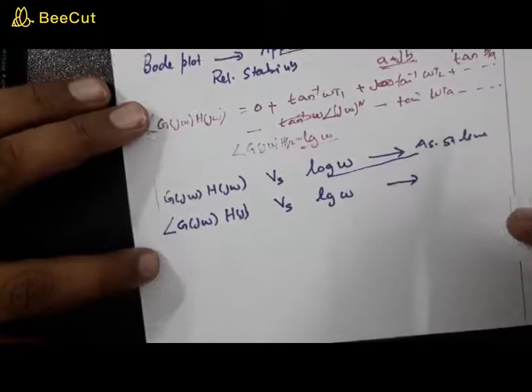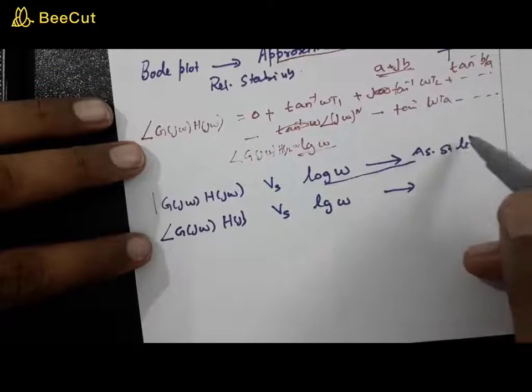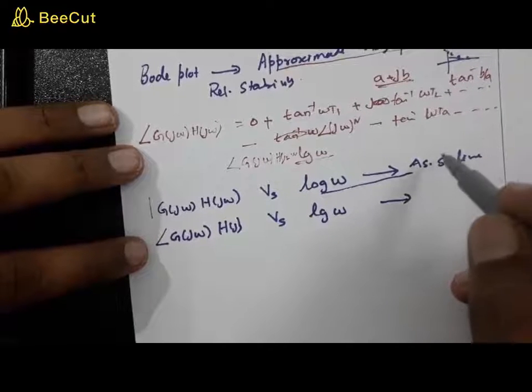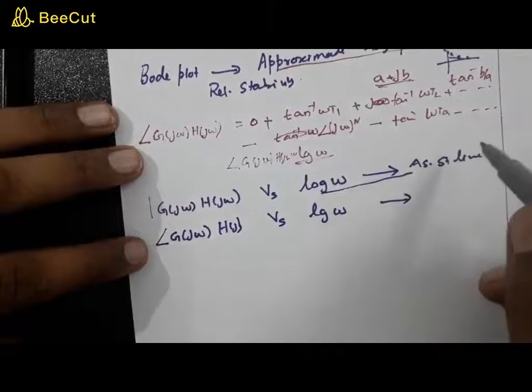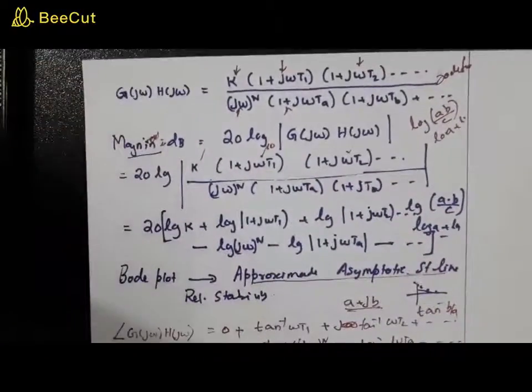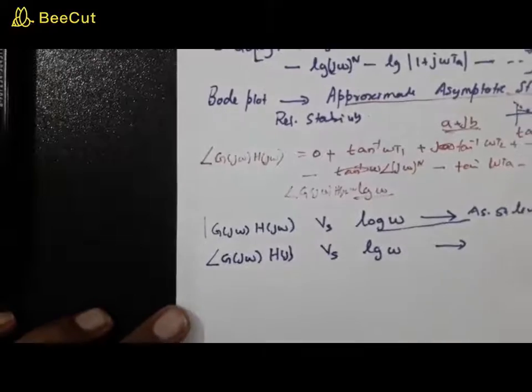The magnitude plot will be approximated as an asymptotic straight line, even though to be precise it is not exactly a straight line, because we are not interested in the exact value. We are interested only in the variation of these terms with respect to frequency. Okay, hope you understood this much.